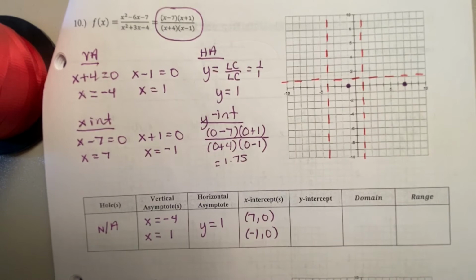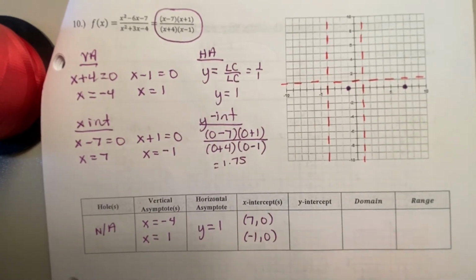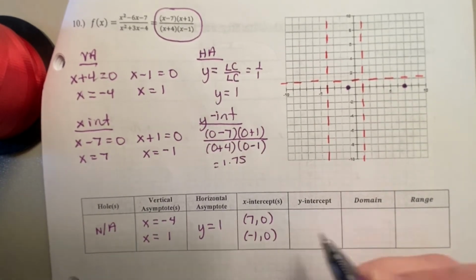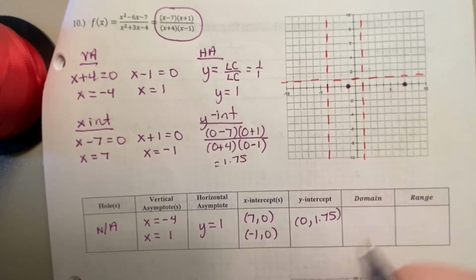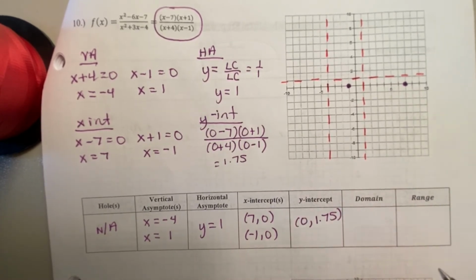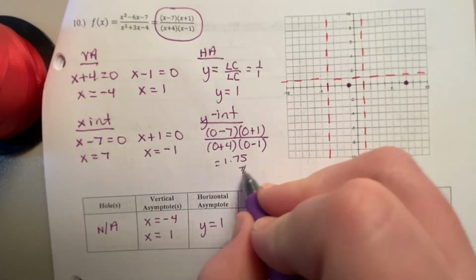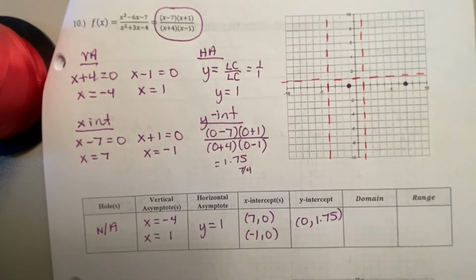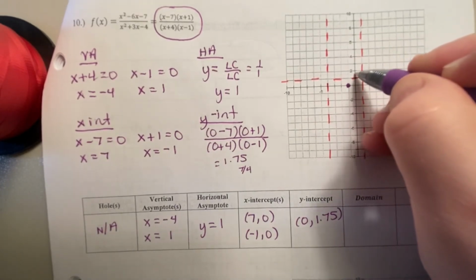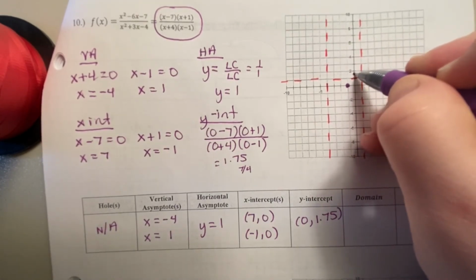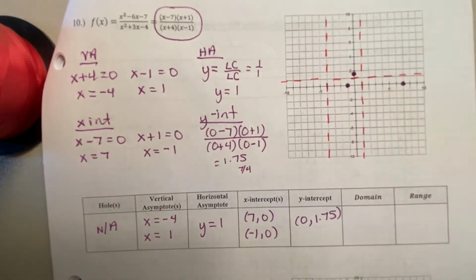So my y-intercept is (0, 1.75), or it was 7/4 if you wanted the actual fraction, but the decimal's fine. So I'm going to go 0 and then up 1.75, and plot that point.